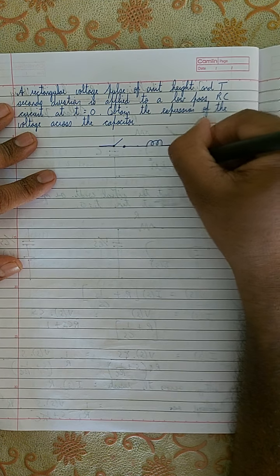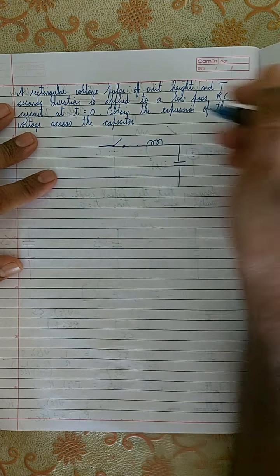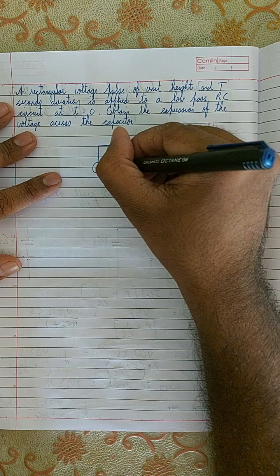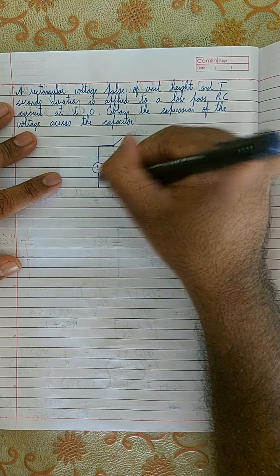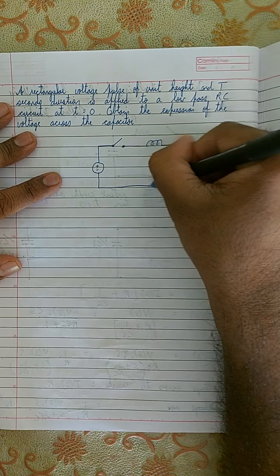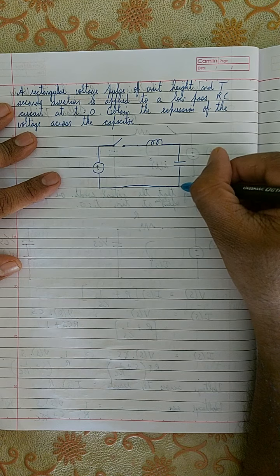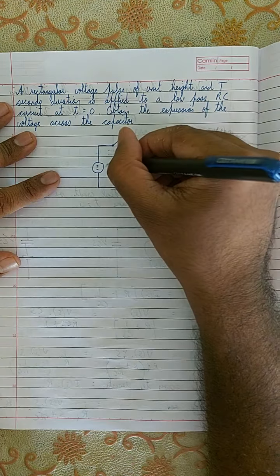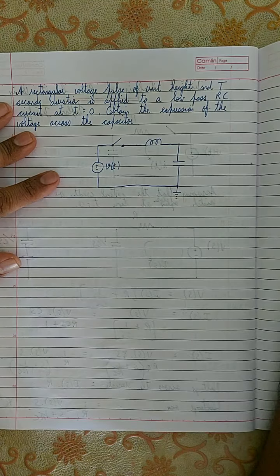This is the circuit for the low pass RC circuit, and then you have the voltage over here, called V of t.